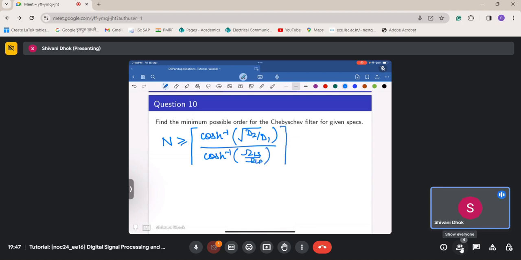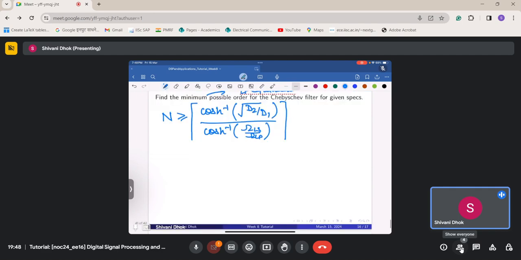This order is to be found out for the low pass equivalent. Now if we go back, we had found D2 as 43.4444, D1 as 0.3841, omega ls equal to 1.3929, and omega lp we had mapped to 1.